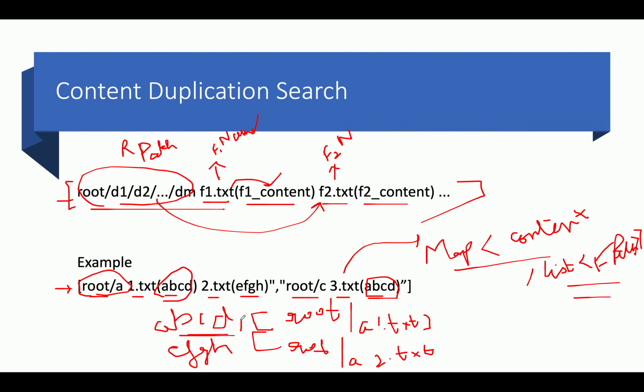So we'll add another entry in the list of file paths array. So here comes the second entry, which states root-c 3.txt. And once we have this map completely built up, we will check in what all entries the value or the size is greater than 1, and we'll add those entries in the result. So now let's move on to the coding section.